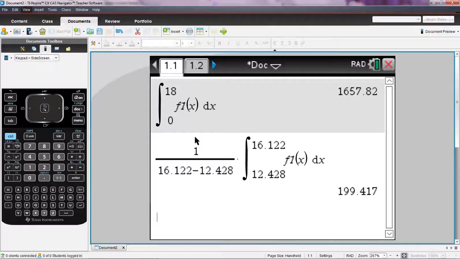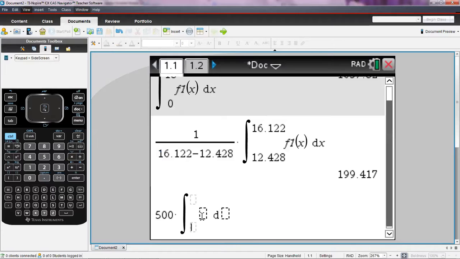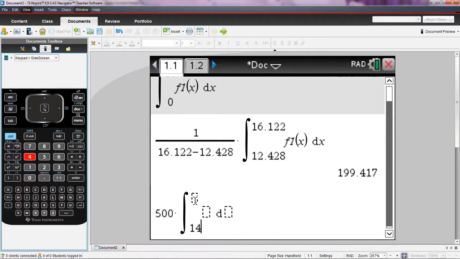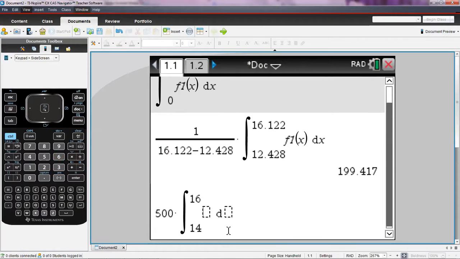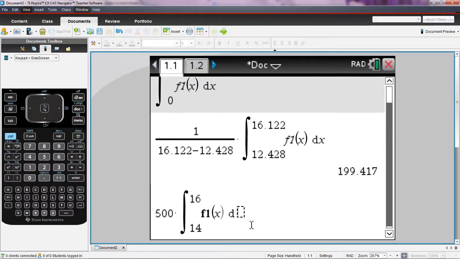I'm going to take 500 times integral, menu, calculus, integral from 14 to 16, and then f1 of x, f1 of x dx.